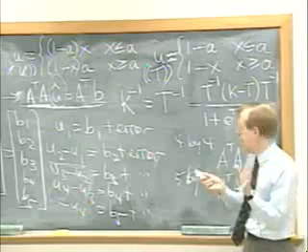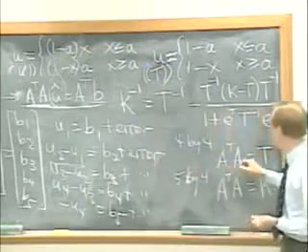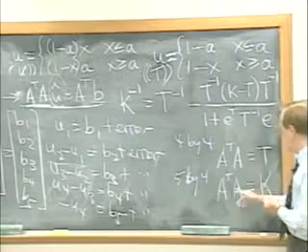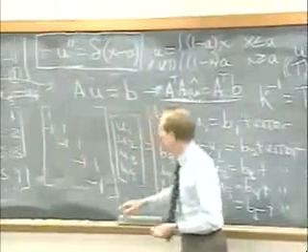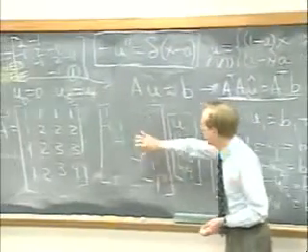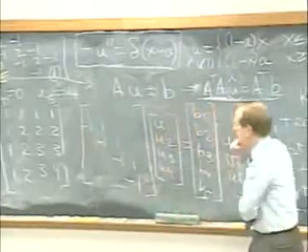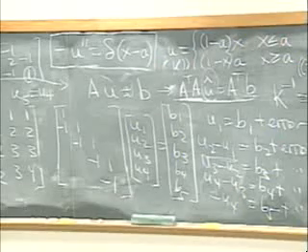That's exactly this move from A transpose A being the T or the H to A transpose A being the K. If I took this matrix as it stands and multiplied by its transpose, I'd get K. The 4 by 4 example that we've done.